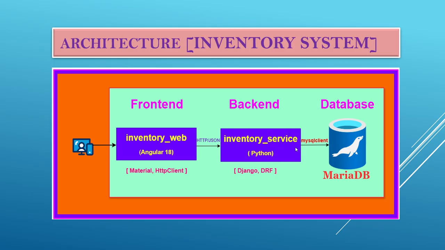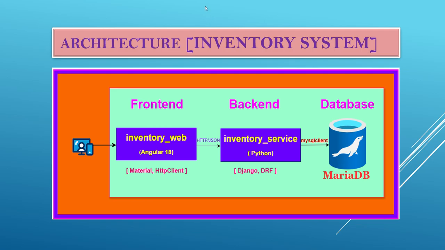And to connect with our MariaDB database, we are going to use MySQL client, which is a Python library through which we are going to interact with the MariaDB database and perform all the CRUD operations. And as a database, we are going to use MariaDB. So this is about all the subsystems which are involved in our overall architecture, and we are going to build it from scratch.